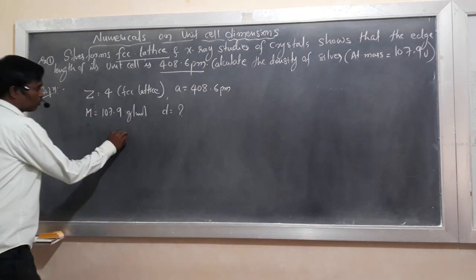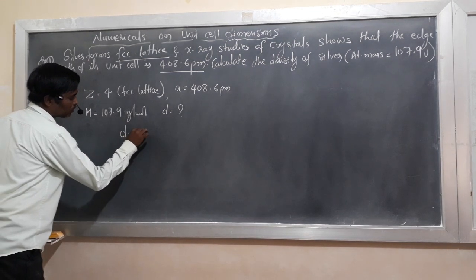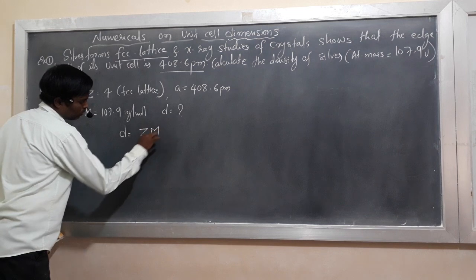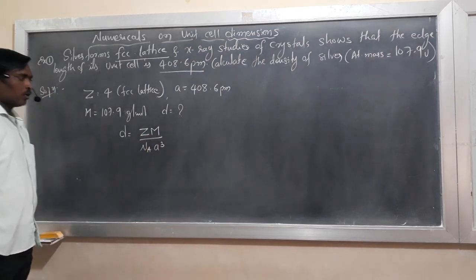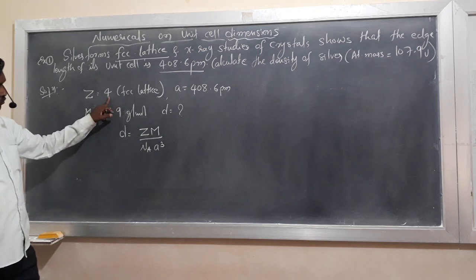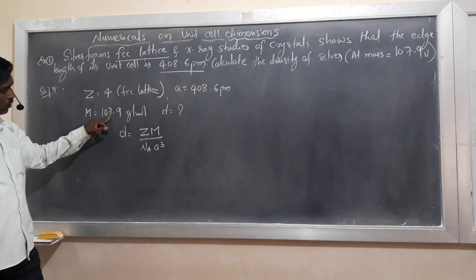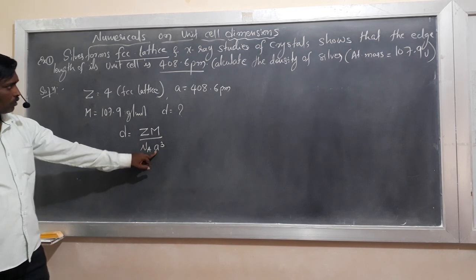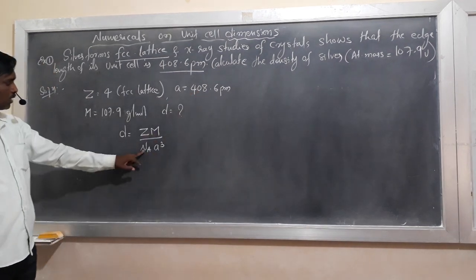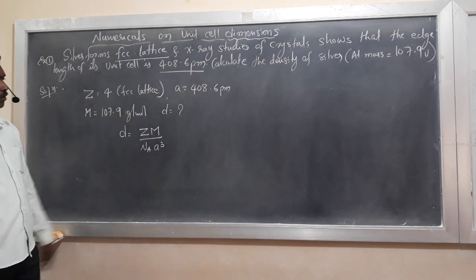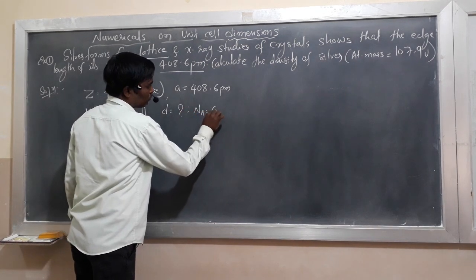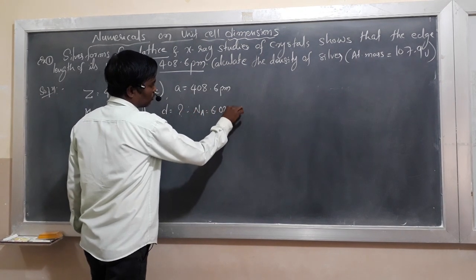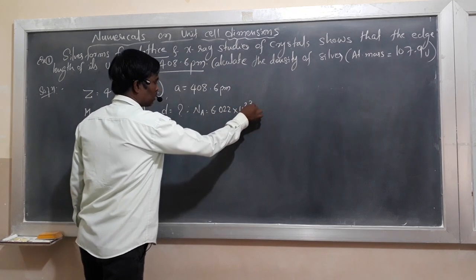Okay, we know the formula to calculate the density, D equal to Z into M divided by NA into A cube. Here Z value is 4, M value is 107.9, A value is 408, and NA is the Avogadro's number. We know NA is equal to 6.022 into 10 raised to 23.